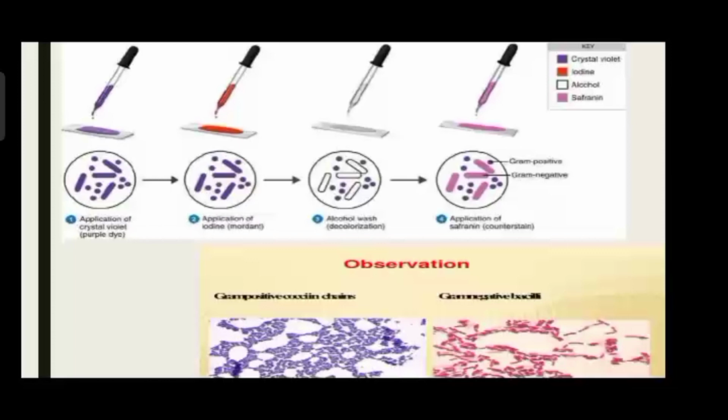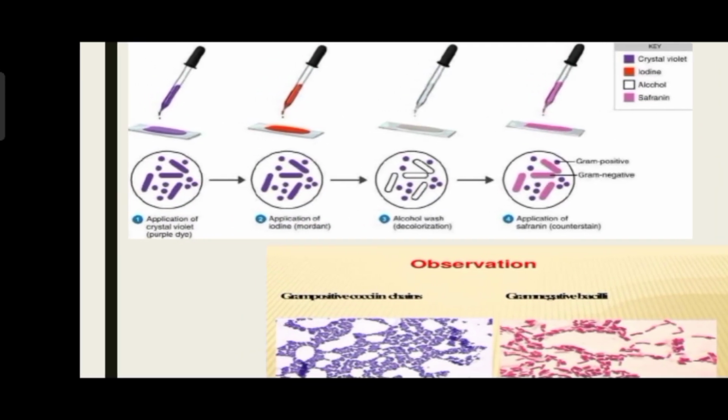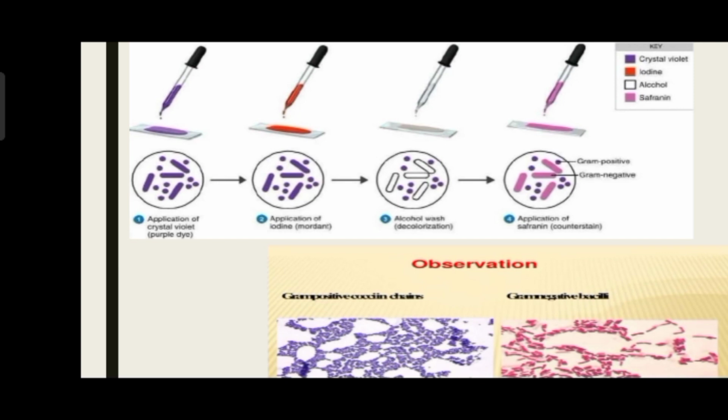Hence, the gram negative bacteria readily lose the crystal violet iodine complex, thereby decolorizing the cell. So in the third figure, decolorization takes place. Hence, the gram negative bacteria lose the crystal violet iodine complex, and the gram positive bacteria trap the crystal violet iodine complex.